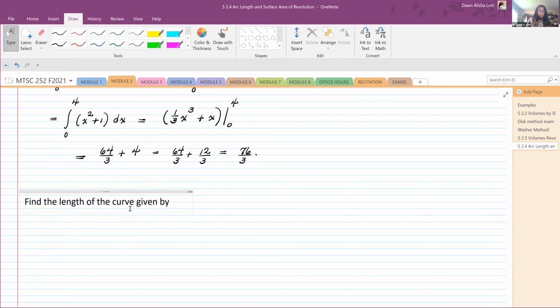Let x equal y cubed over 3 plus 1 over 4y, and then y is between 1 and 3.